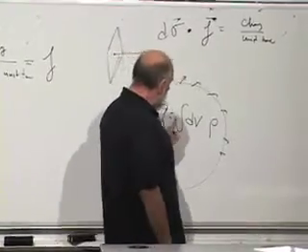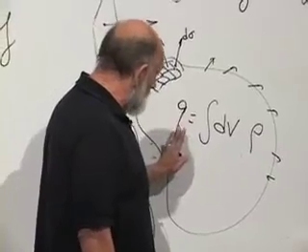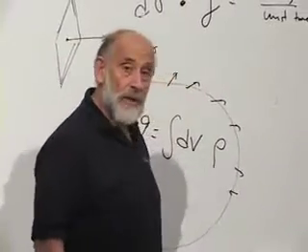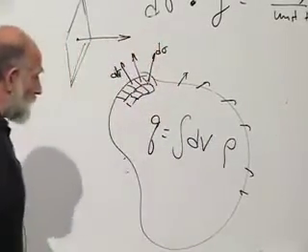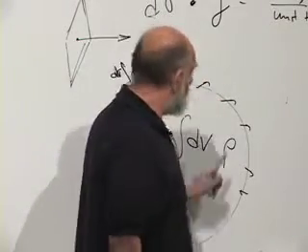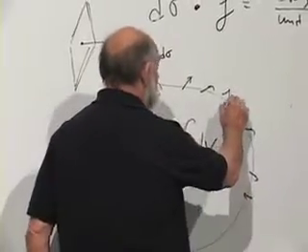The only way the charge on the inside can change is by passing from the inside to the outside. So if the charge on the inside is changing, you can be certain that there must be a flow of current through the boundary, and that tells you that there must be a J.